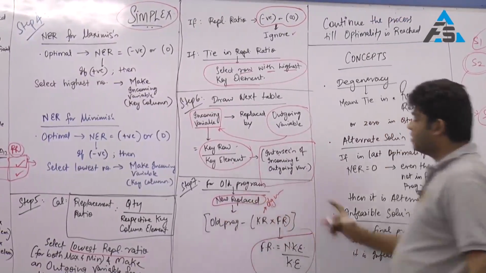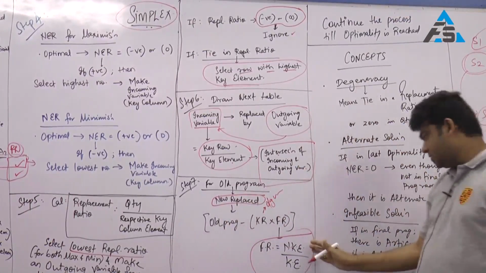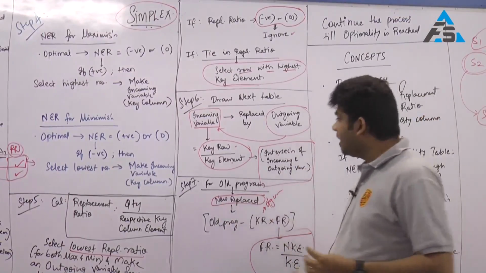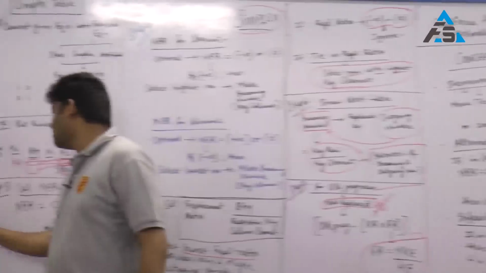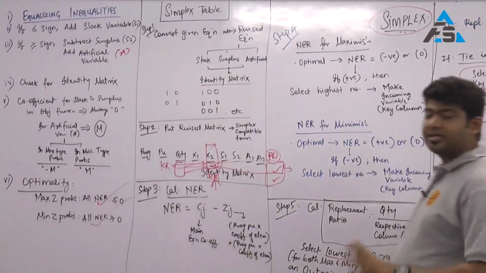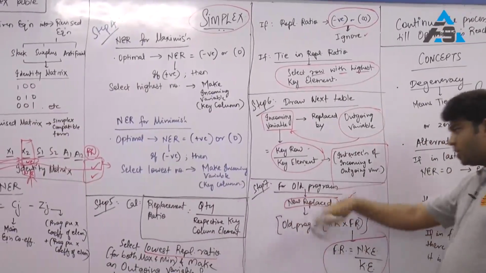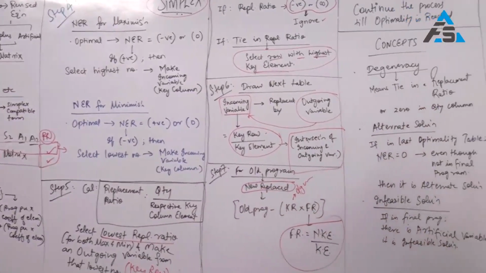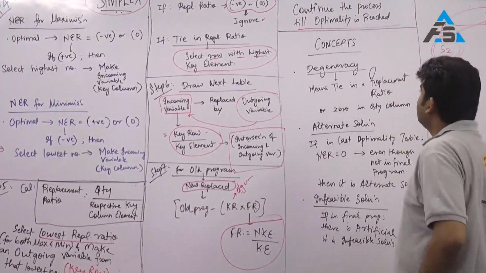Here I will get the old program in new numbers. This process will now again continue with my NER. In NER I will check whether optimality is reached. If yes, then I will say I am done with the question. If not, the process will be reiterated. Continue till optimality is reached.